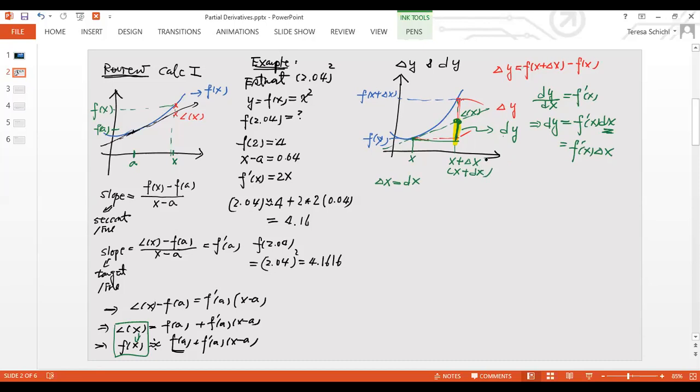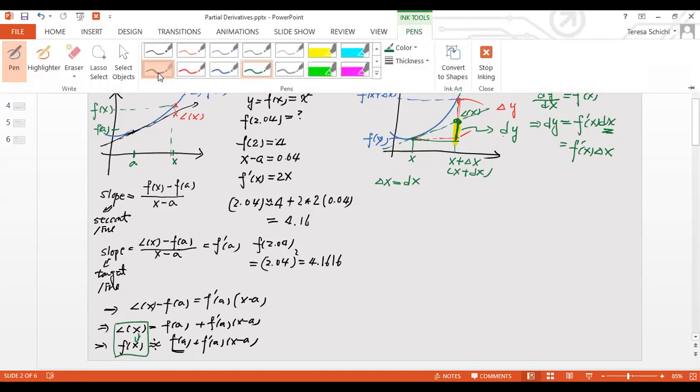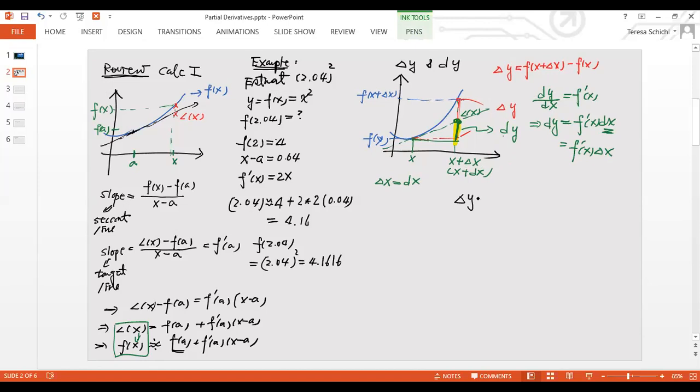The delta y will be equal to f'(x) times delta x, and then times the sum with epsilon times delta x here. That's why we can write delta y like this.